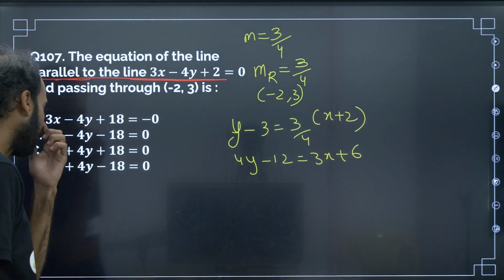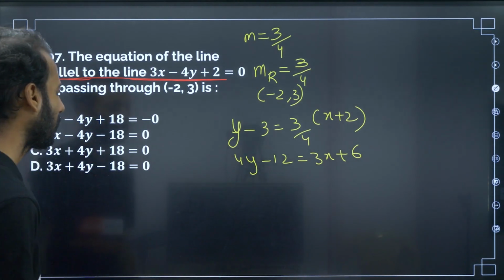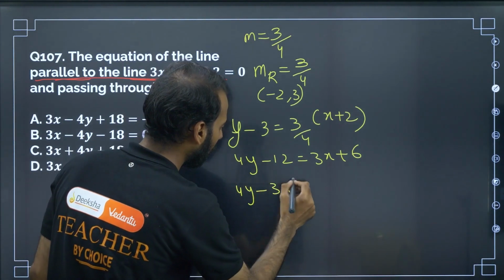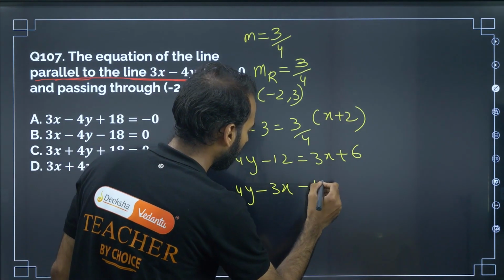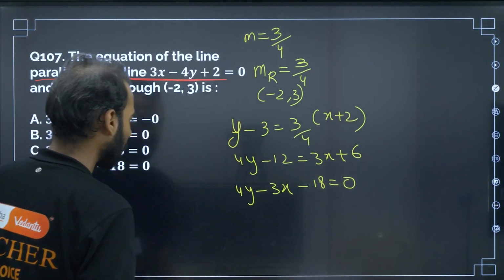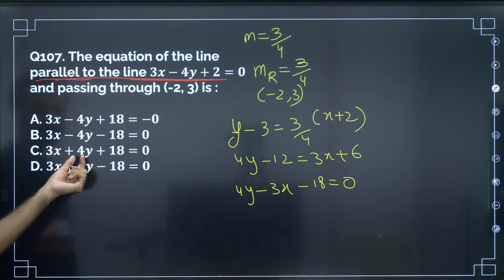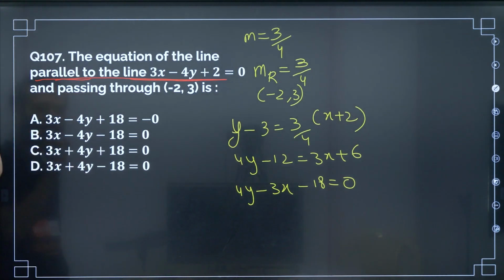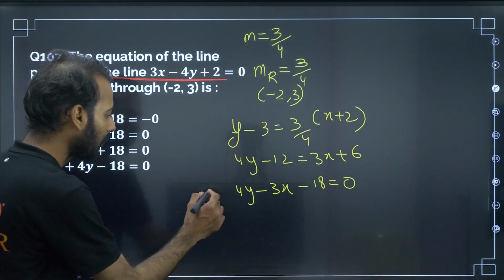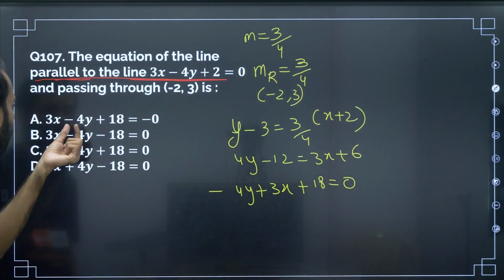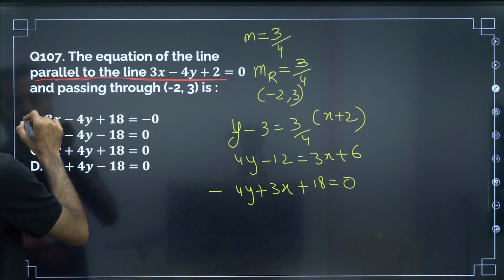So any option like this, and this we can simplify. Negative 3x plus 4y minus 18 is equal to 0. 4y is there everywhere, negative 3x is not there, so I will multiply by minus on both sides. 3x minus 4y plus 18. Yes, A is the answer.